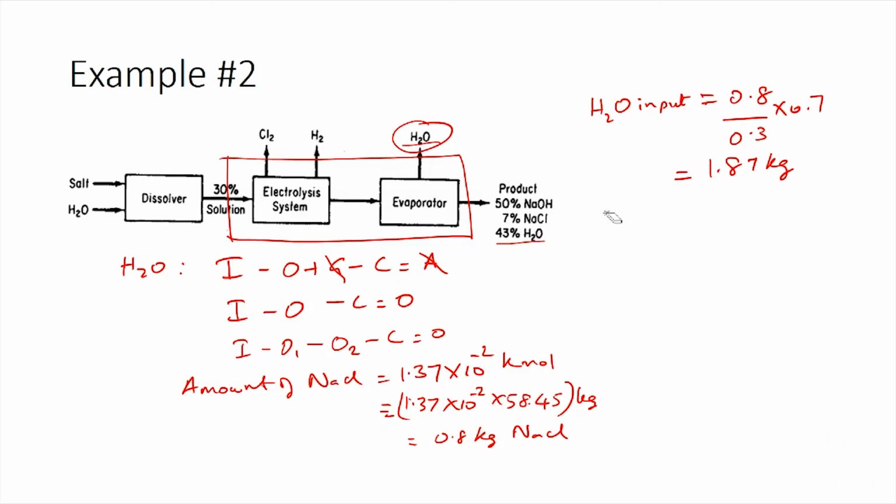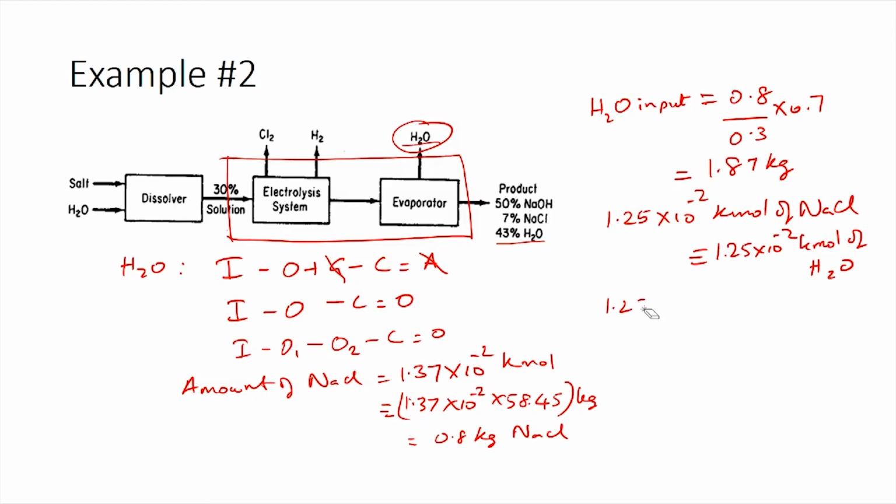So, based on that we can identify that 1.25 times 10 power minus 2 kilomoles of NaCl reacted would mean that you have 1.25 times 10 power minus 2 kilomoles of water also consumed. So, this would mean that 1.25 times 10 power minus 2 kilomoles of water, which weighs 0.225 kilograms of water, has been consumed.